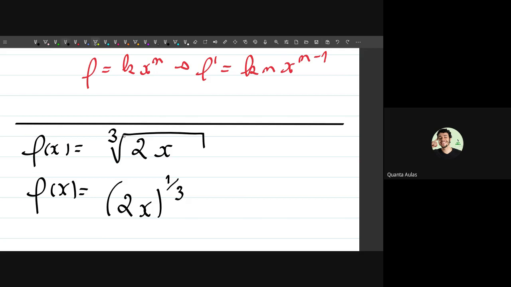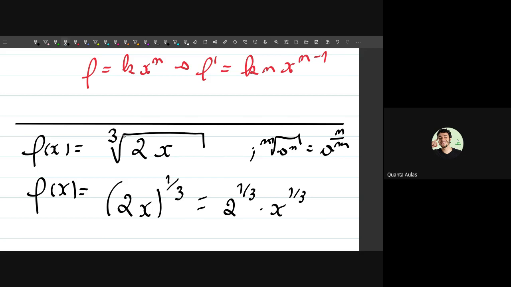It's just an exponent rule. The rule is a to the n over m. But you can change a little more. For example, the exponent goes to the two terms, okay?